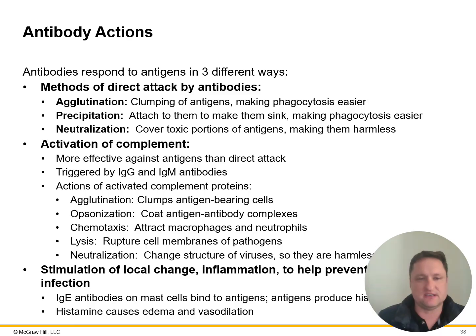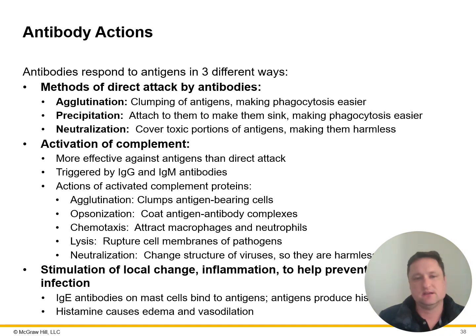And then neutralization is where antibodies cover the toxic parts of the molecule or a virus, blocking their ability to bind or harm cells. So they neutralize them. They turn the threat into harmless. So those are the three direct attacks by antibodies.